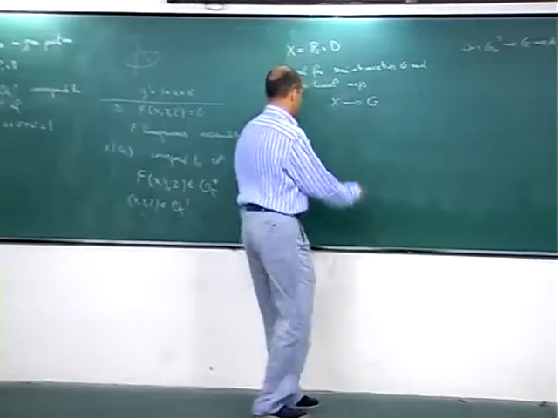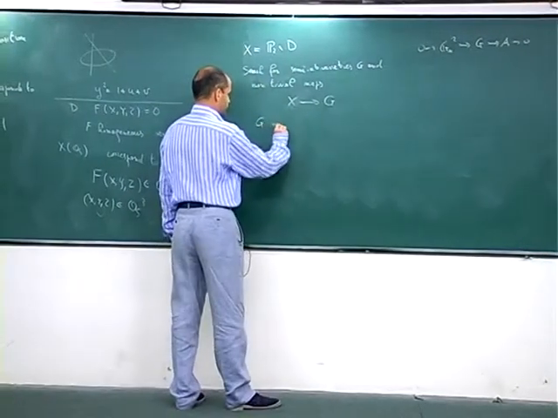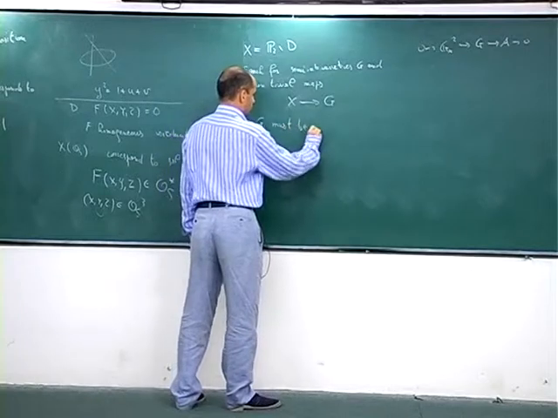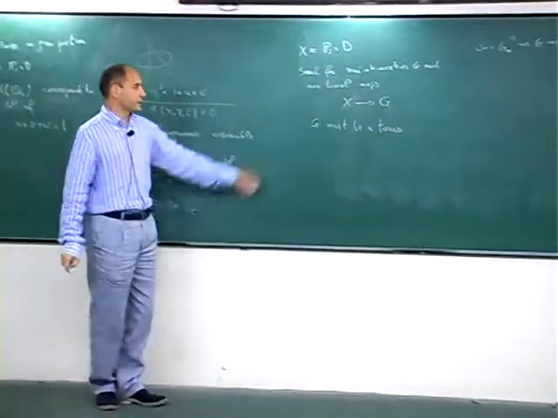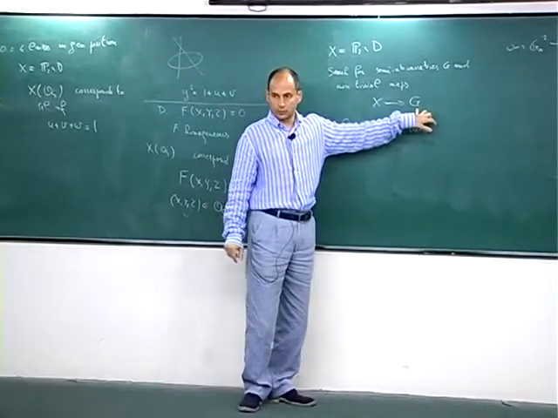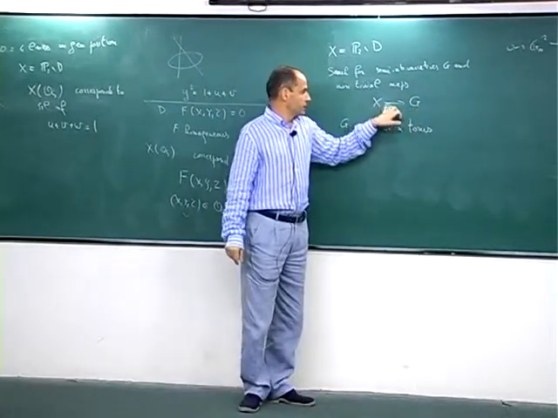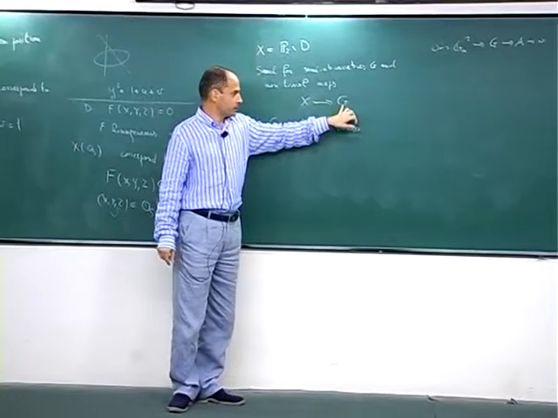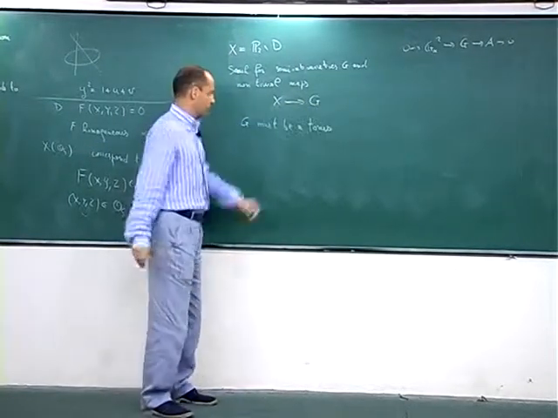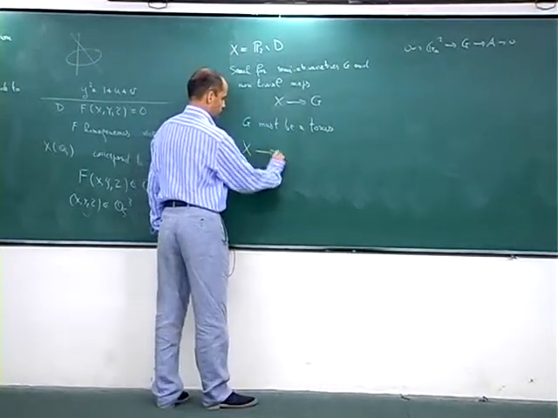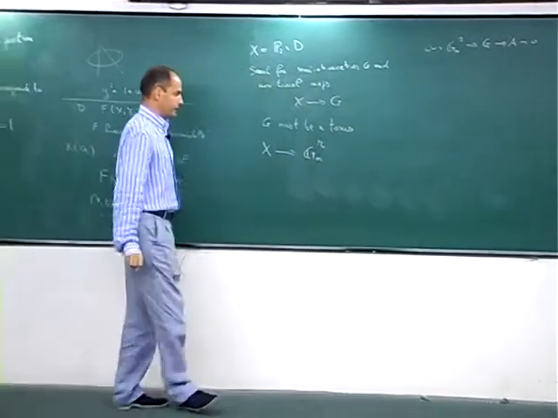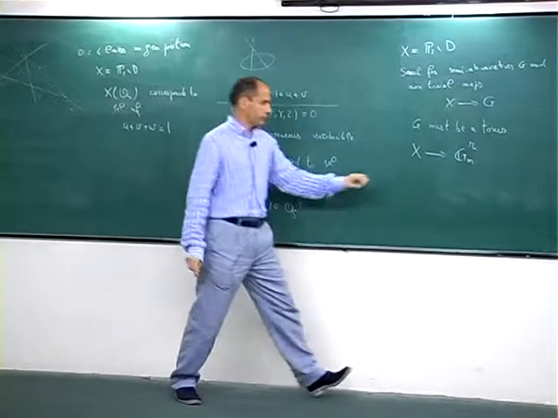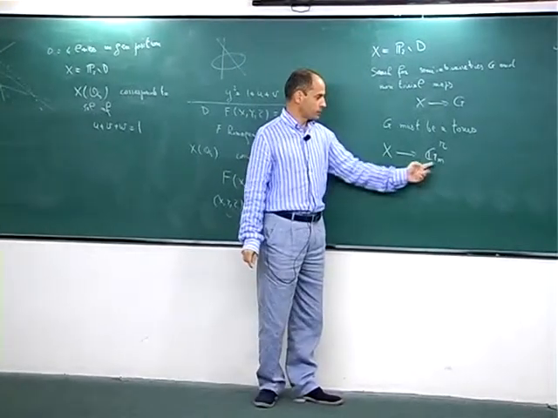So basically G must be a torus. So we can consider the case where G is a torus. So the problem is finding maps from X to a torus. And this means finding functions on X with no zeros.